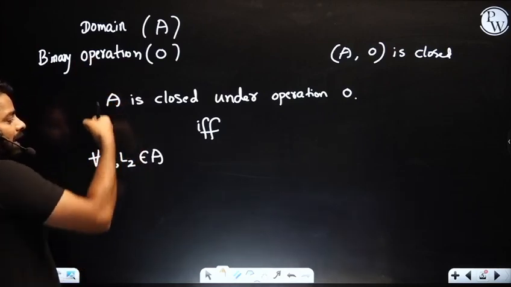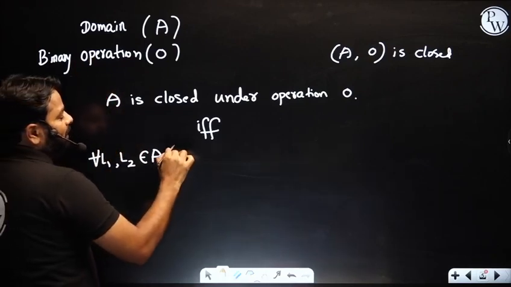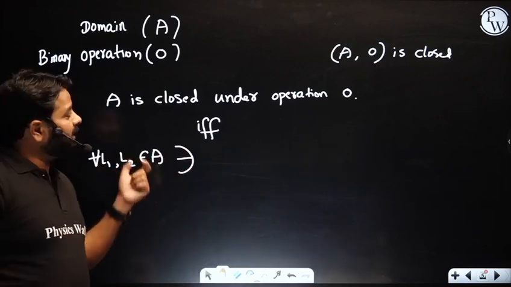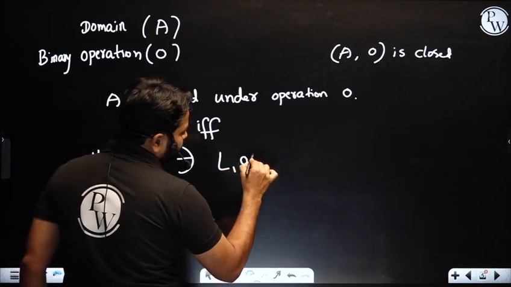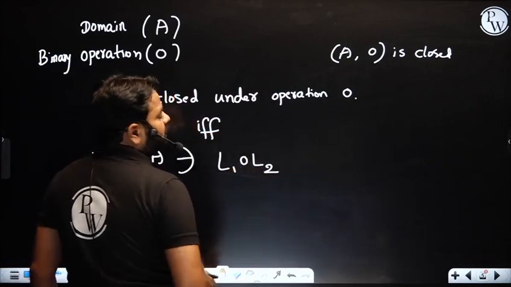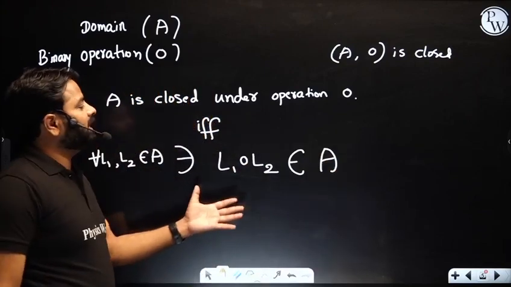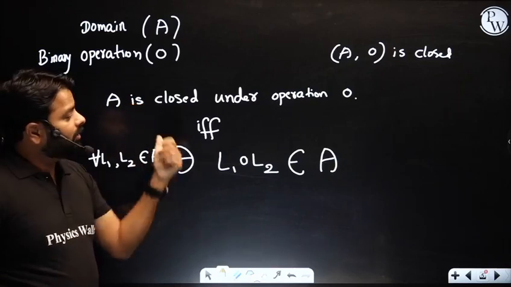I have taken two languages from the set, and I apply the operation to L1 and L2; then the result must belong to A. If this happens, then we say the operation is closed for the domain A. It's very important.